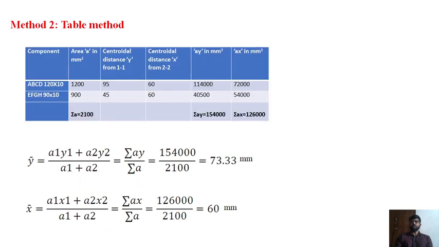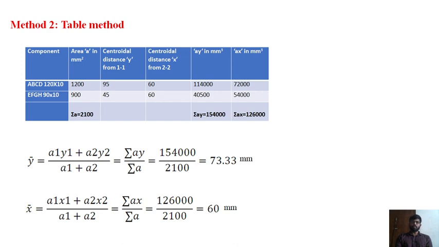The second method is table method. This is a very convenient method. It is very easy to understand. I prefer this method only. So here you can see the table. The first column is component, then area A in mm square, the centroid distance y from reference axis 1 in mm, the centroid distance x from reference 2 in mm, and A into y, then A into x.